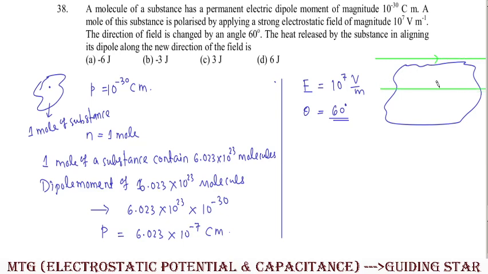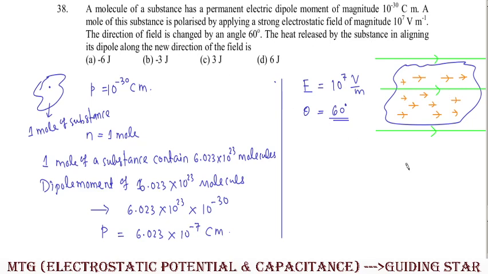These are the fields, and within that field this substance is present, and the dipoles are also aligned along the direction of the field. These are the dipoles. That means Avogadro's number of dipoles are present inside the substance, because we have taken 1 mole of the substance. Clear?